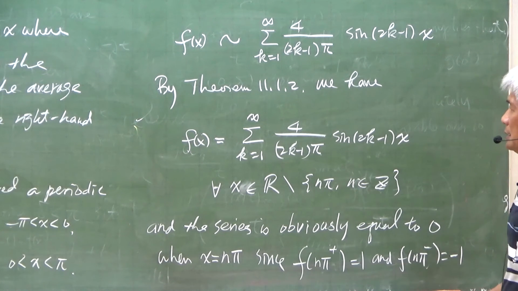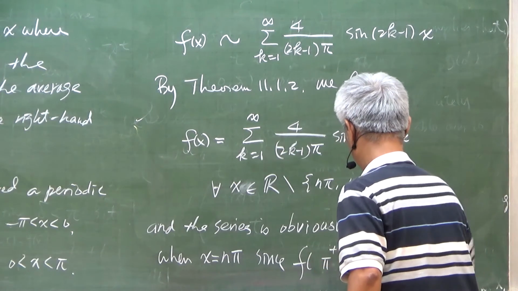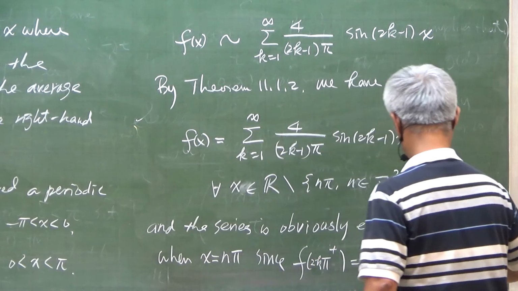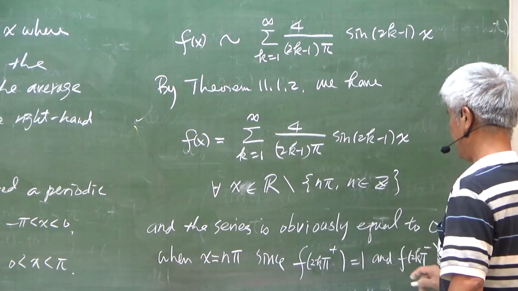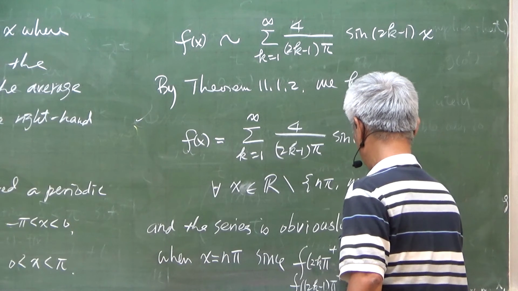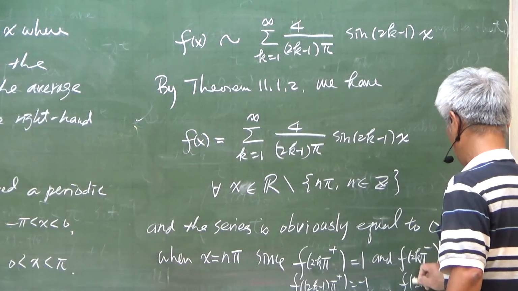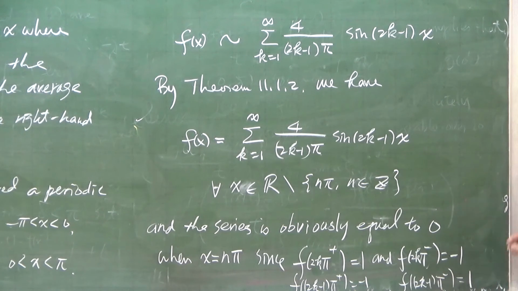Is that correct? Yeah. Whether it goes from 1 to minus 1, or from minus 1 to plus 1, no matter which one, when they add together, they become 0, right? So the average is 0.